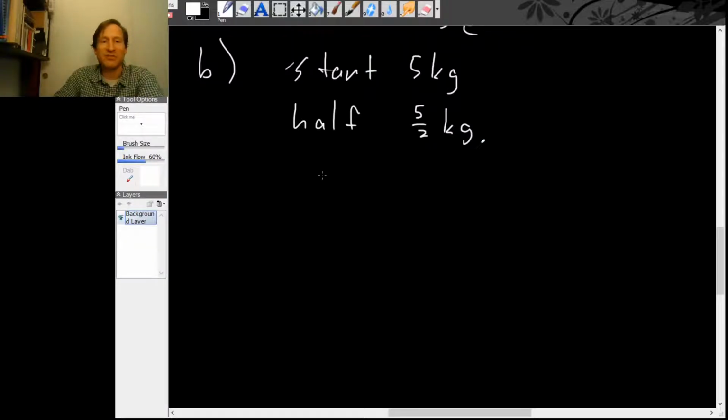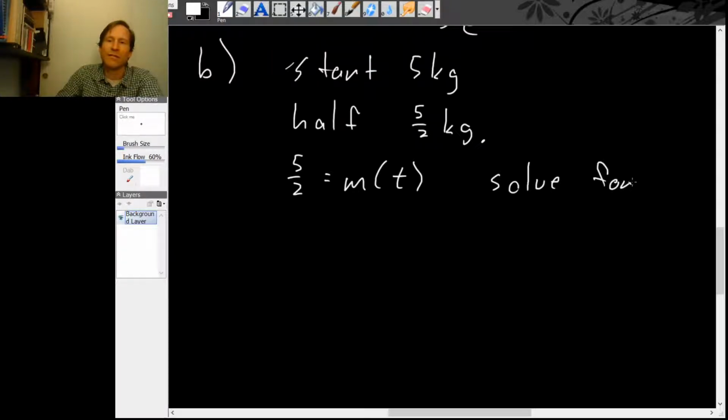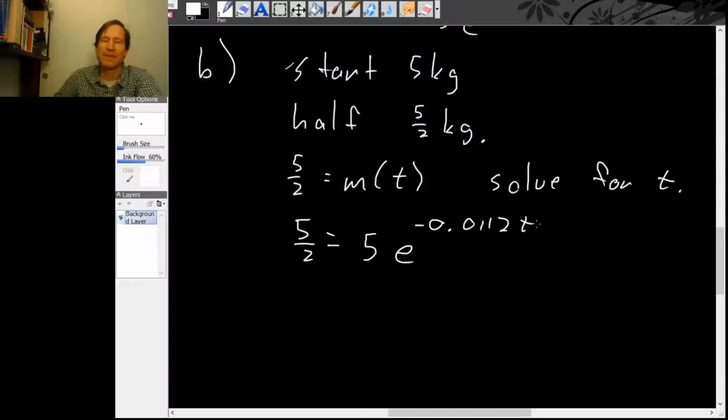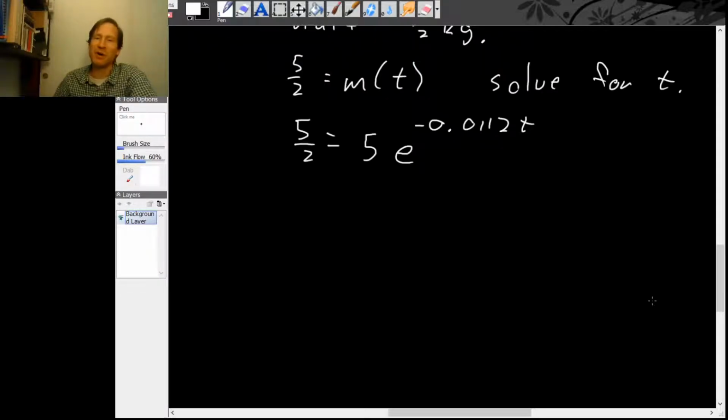To know when that happens, we can just take our mass function, m of t, set it equal to 5/2, and then solve for t. So this is 5/2 equals m of t, but m of t was 5 times e to the negative 0.0112 times t.